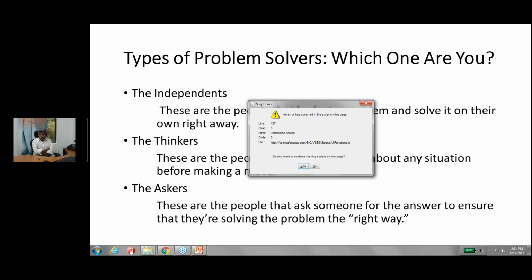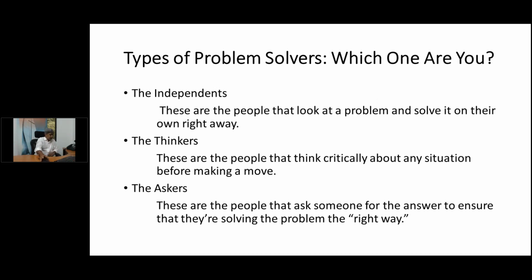You normally think in our offices, whenever there is a problem, either we try to solve it on our own, or we seek the help of our colleagues. I have gone through one of the books, and they have identified that there are 3 different types of problem solvers. That is actually the way we approach it.